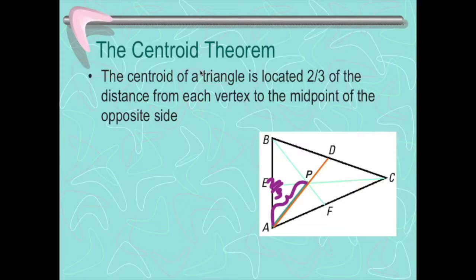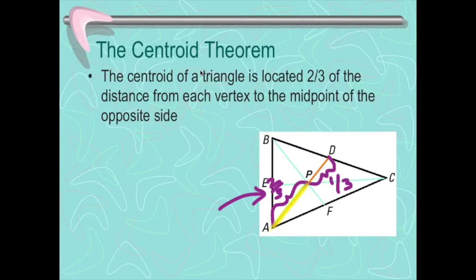If that distance is 2/3, how much is that one? 1/3. Because 1/3 plus 2/3 is a whole. So if you knew the distance of the whole thing, you'd multiply by 2/3 and you'd have this length right there. If you knew the distance to right here, how would you find the distance right there?